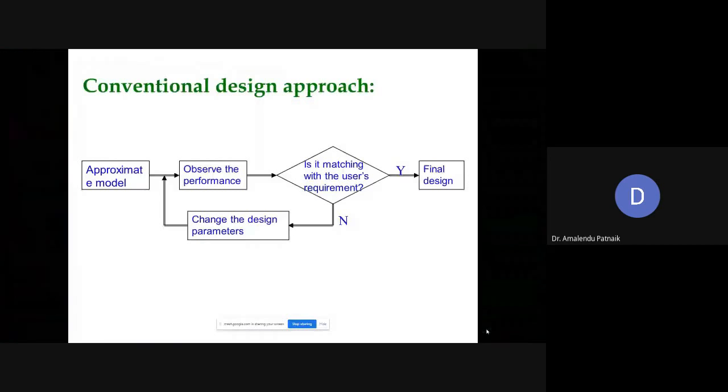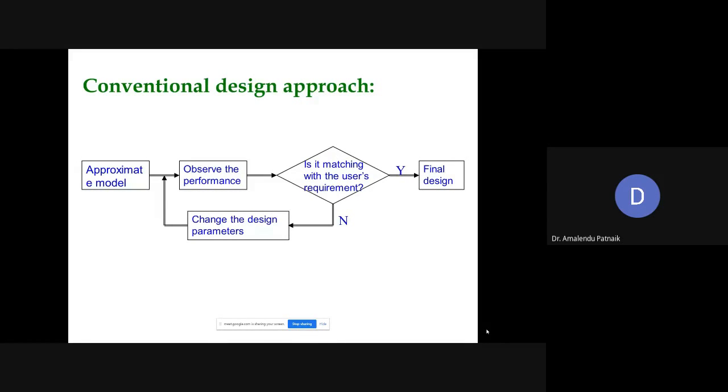Now let us see a typical antenna design problem. We are calling this a conventional design approach. Any antenna problem is actually approached in this way. We start with an approximate model.